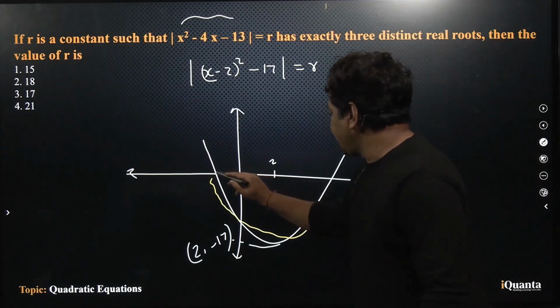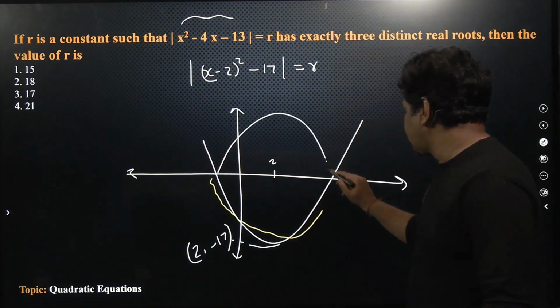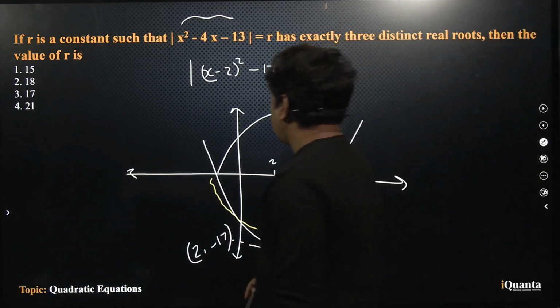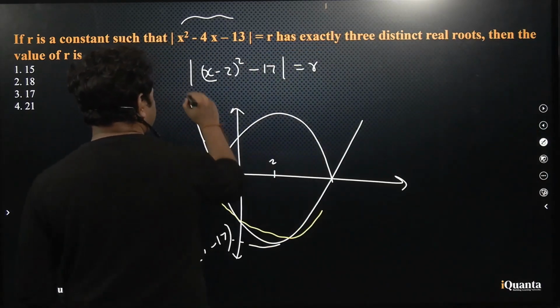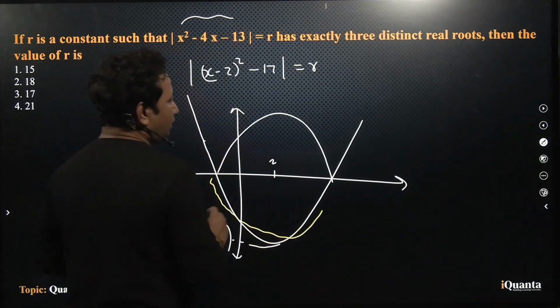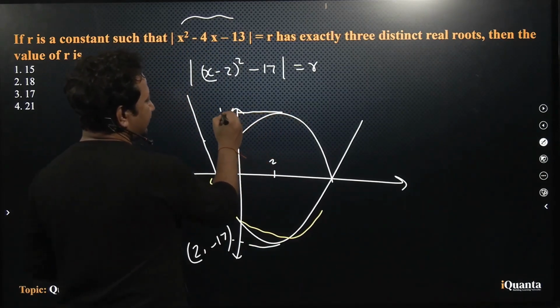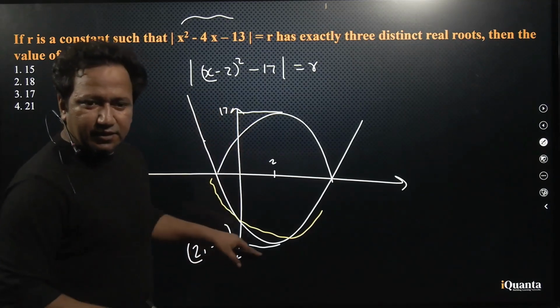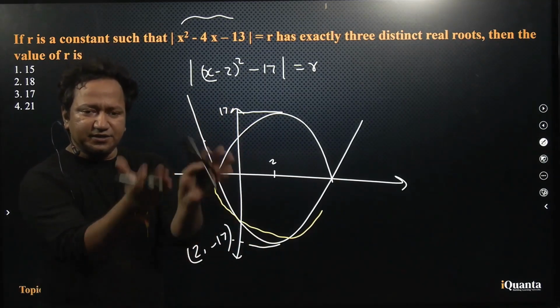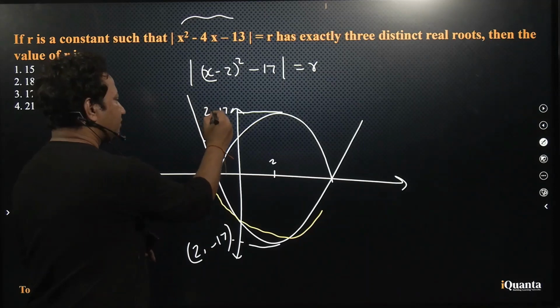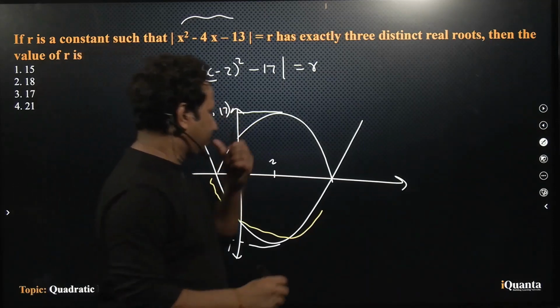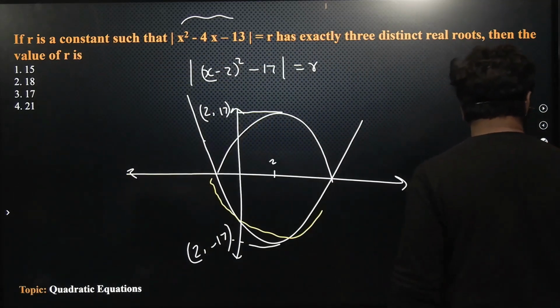The new graph will be this. All right. And also we know that this point will be 17. It just changes the direction. This is 2 comma 17. All right. We have obtained this. What next?